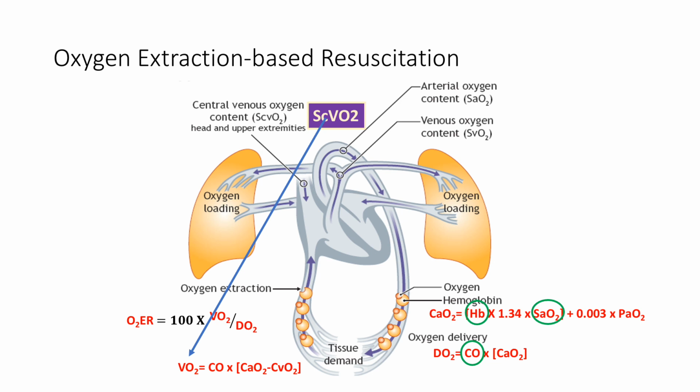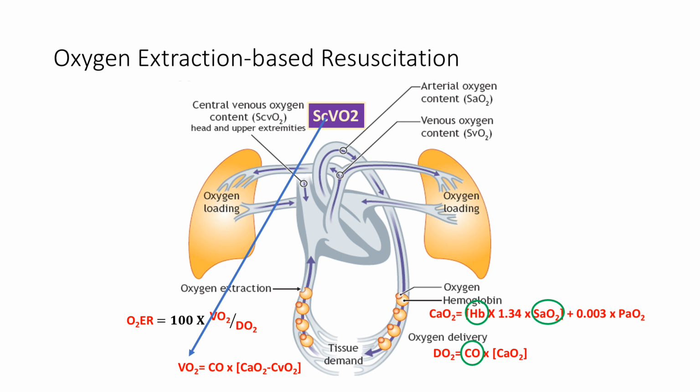CVP did, however, sort of lead to a rather more sophisticated theory, which was the use of mixed venous oxygenation. So this is oxygen extraction based resuscitation. The main factors which influence mixed venous oxygenation are hemoglobin, the arterial oxygen saturation of hemoglobin, cardiac output, and oxygen consumption.